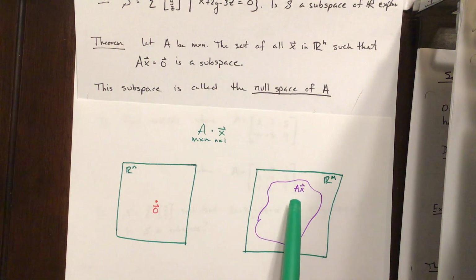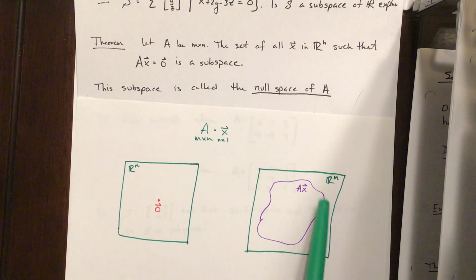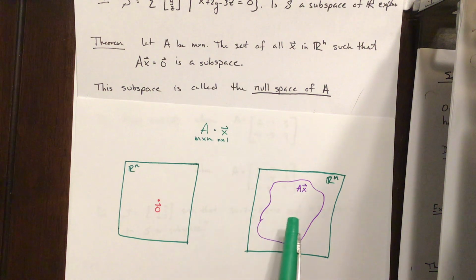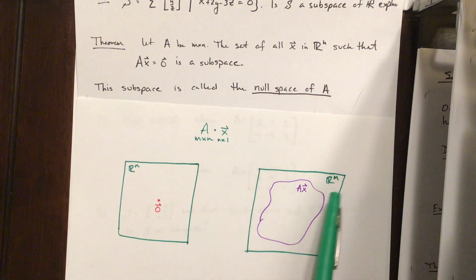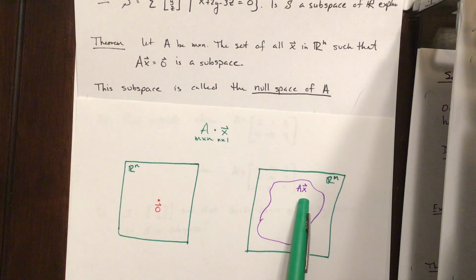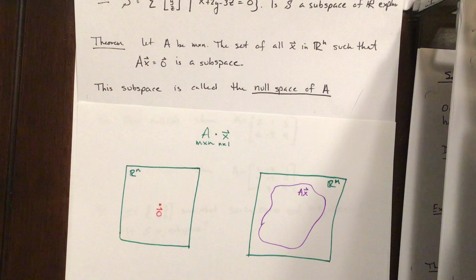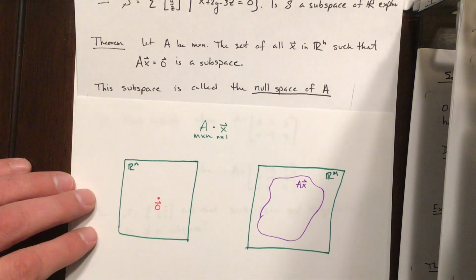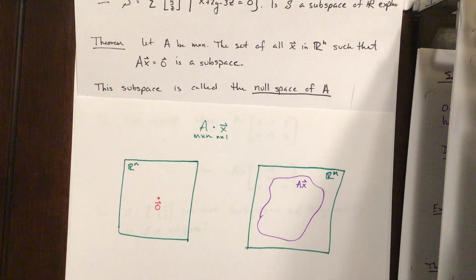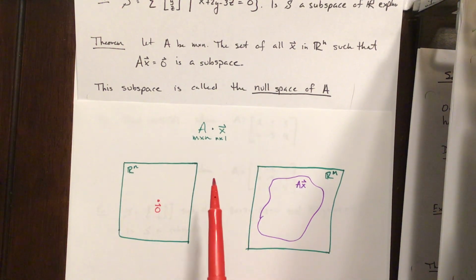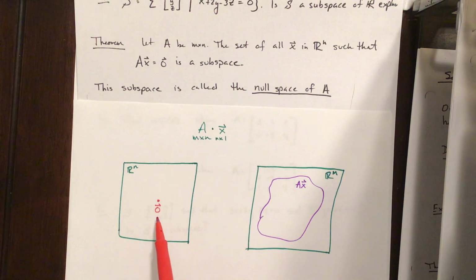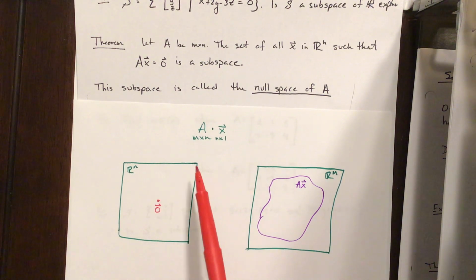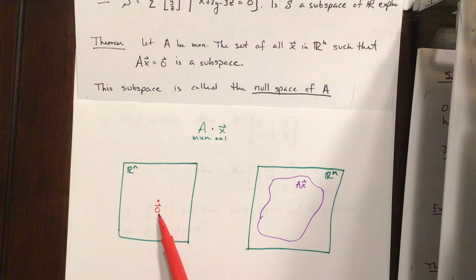So this purple circle is describing the collection of vectors in Rm that get mapped to by multiplying by the matrix A. Now, there's a very important element in Rn, the domain, and that's 0. Anytime you multiply any matrix A by the 0 vector, you're going to get 0 as your output.